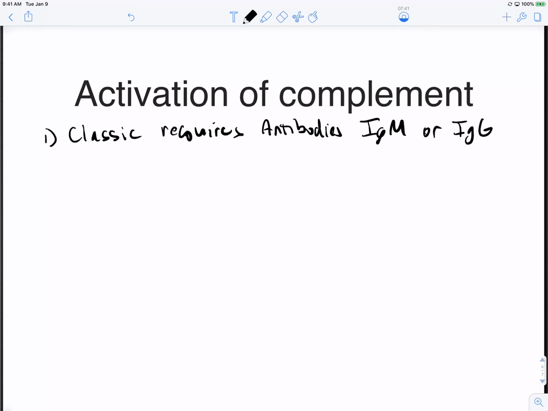Okay, and then the second pathway is referred to as the lectin pathway. And the lectin pathway is based on sugars. So it's based on mannan binding proteins, MBPs.